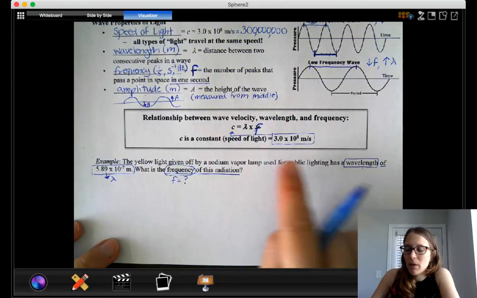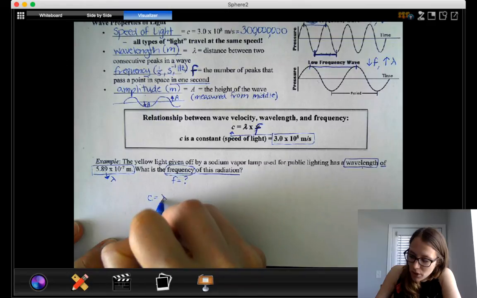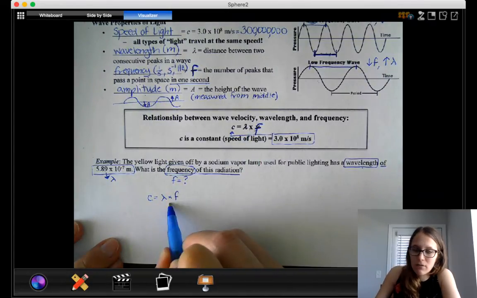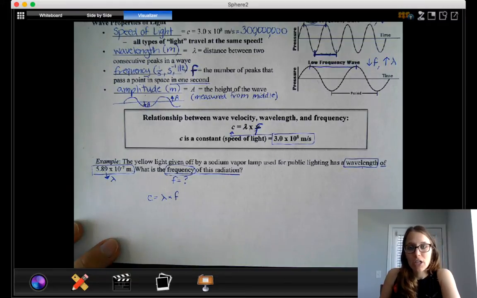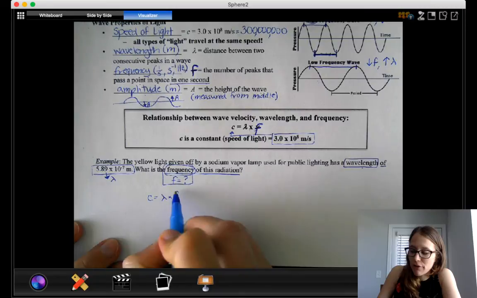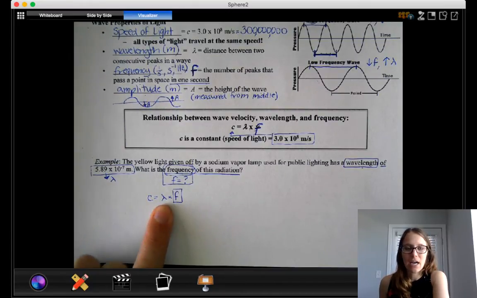And we can do this by rearranging our equation first. So I'm just going to start with our equation that I see from right up above. So I'm writing this down. And I'm going to try to figure out first what variable we are trying to solve for. So the question says, what is the frequency? I need to rearrange this equation so that frequency is going to be all by itself. Right now, frequency is stuck with the wavelength, the lambda.